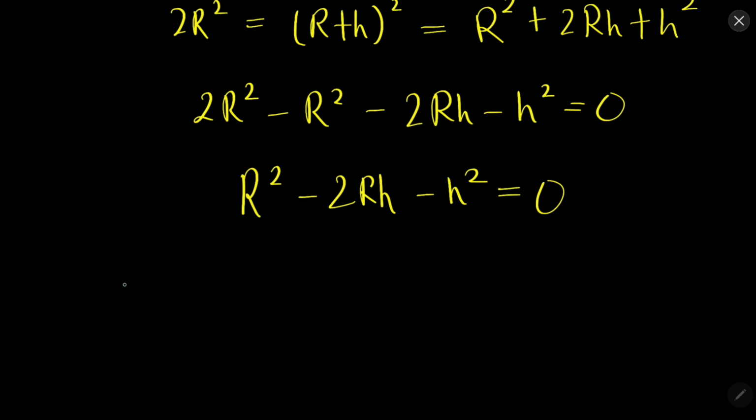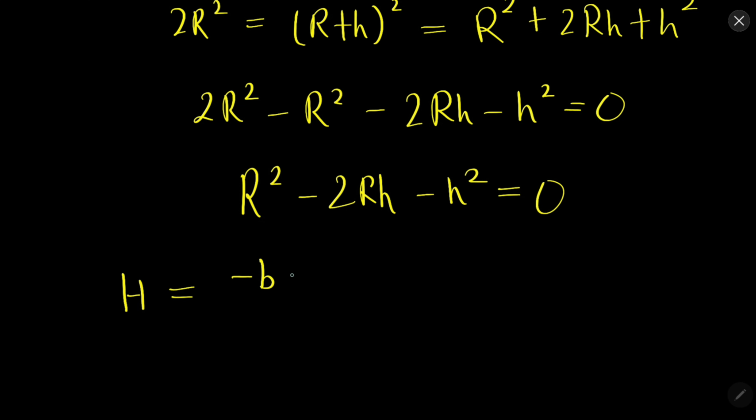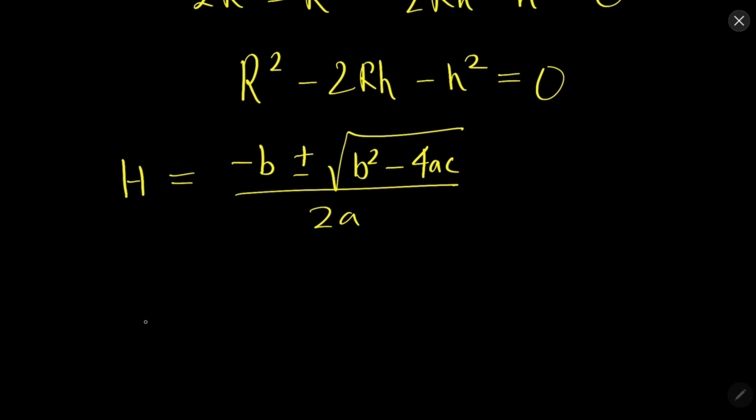So let's try to solve this. Let's try to find the value of r or whatever height, okay. So using this formula, minus b plus minus root b square minus 4ac upon 2a.